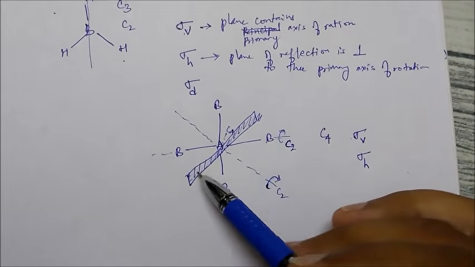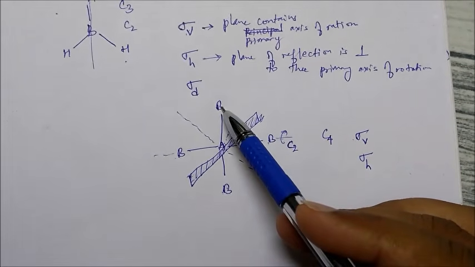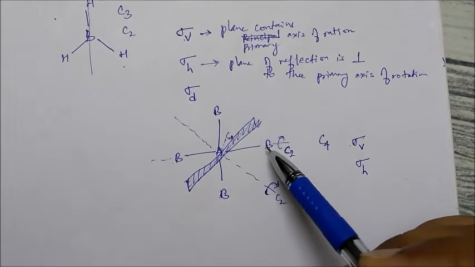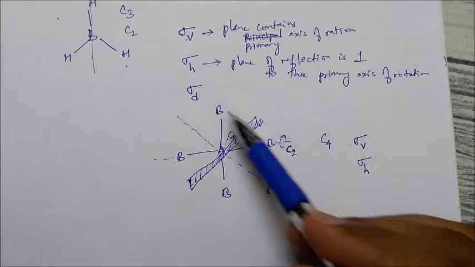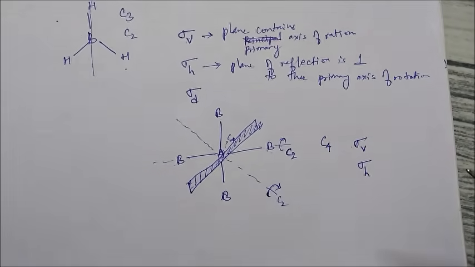So if I have a plane which only passes through A, then it will reflect this B here and this B here. These two B will be reflected in this plane, and likewise these two B will be reflected in this plane.